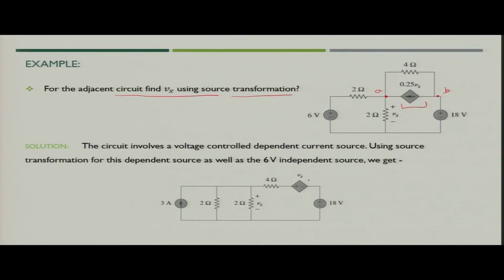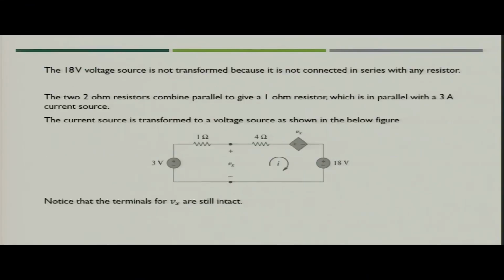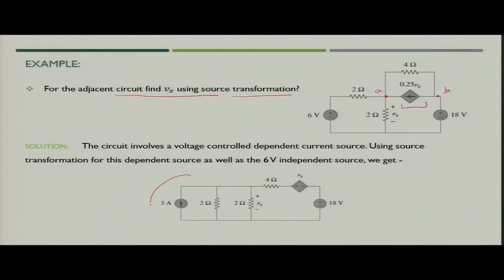Now, Vx, the value of this voltage source, depends upon the voltage across the 2 ohm resistance. So, we cannot use this for any transformation, we have to keep it like this in the circuit, and the rest of the transformations we can do. Now, if you see this particular segment, this can again be converted into a voltage source.